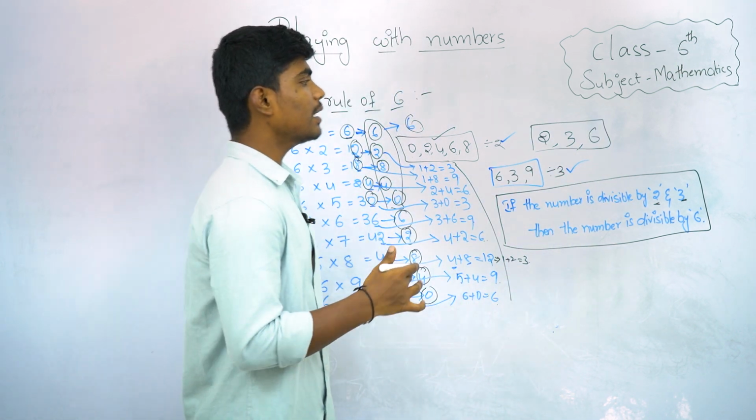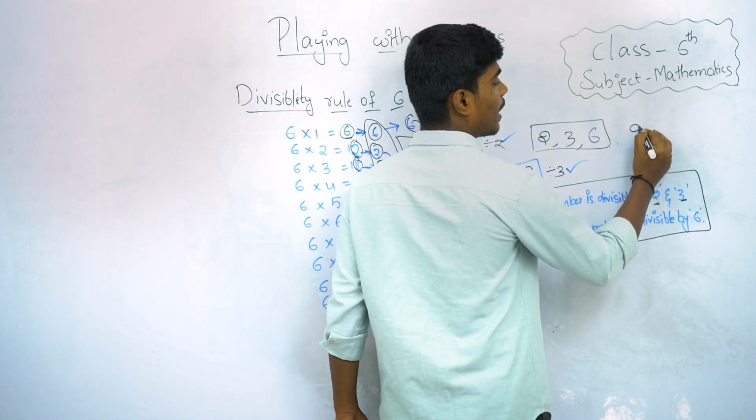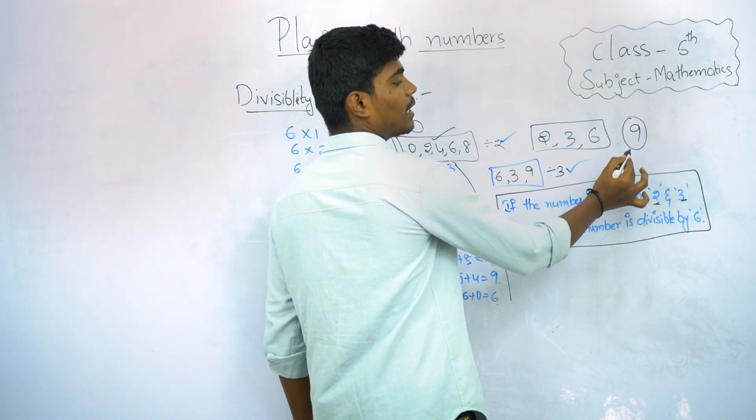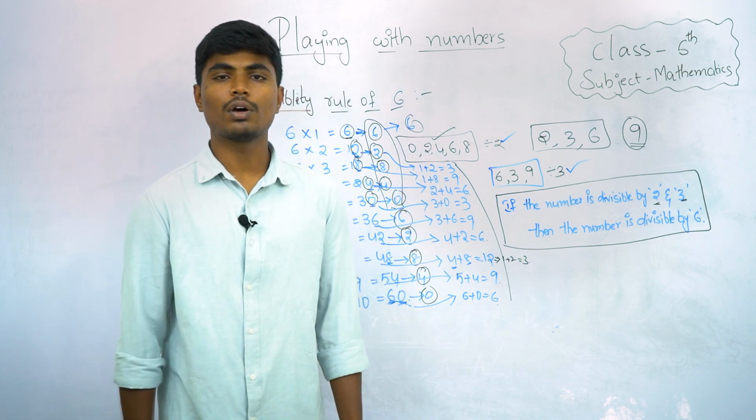Now, let's learn the next divisibility rule, which is 9. Okay, now let's study the divisibility rule of 9.